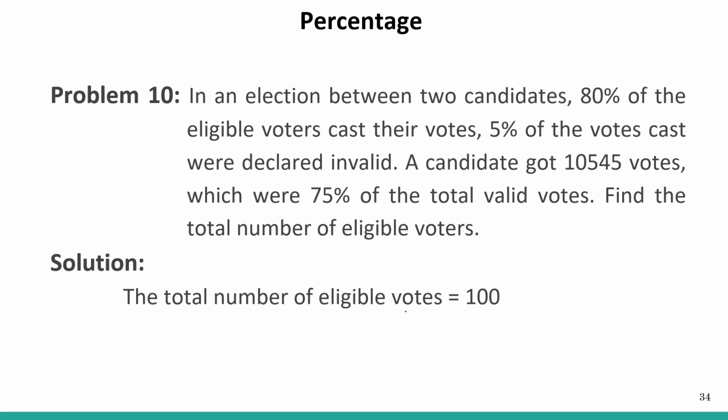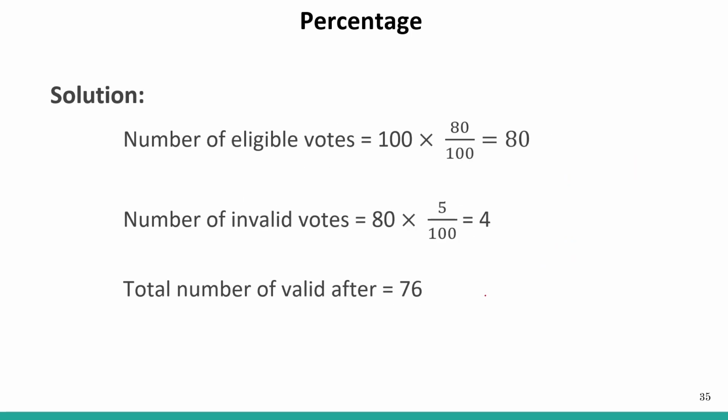Okay. So the total number of eligible voters is equal to 100. So the number of voters who voted will be 100 into 80 by 100 is equal to 80. Okay. So number of invalid votes is equal to 80 into 5 by 100 because it is 5% only. Okay. So it will be 4. So total number of valid votes will be 76 after subtracting the number of invalid votes. Okay. Because 80 minus 4 is equal to 76.